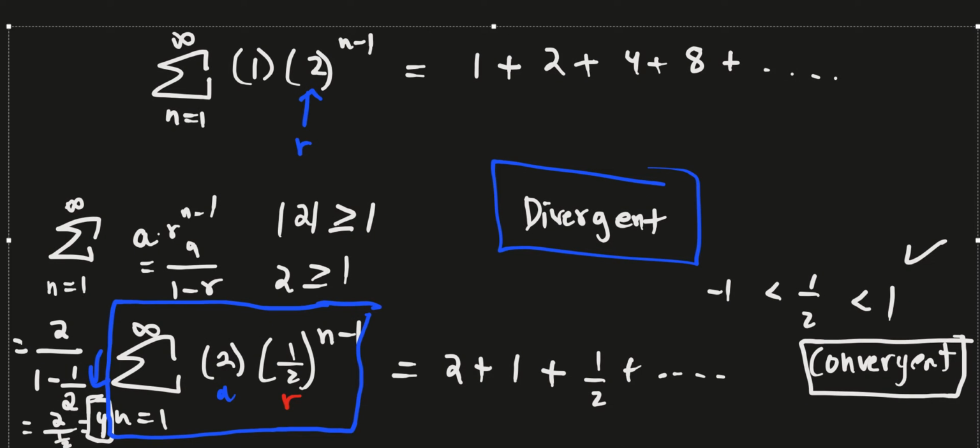Okay. So let's do another example, but let's do it in the form n equals 0 to infinity. Let's say it was just 1 times 1/4 raised to the n power.